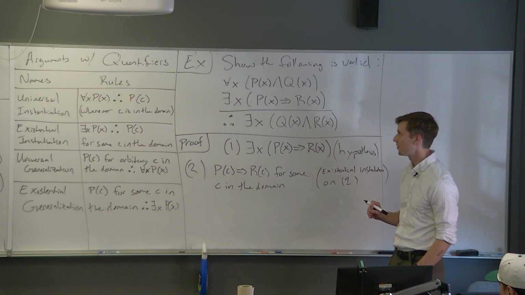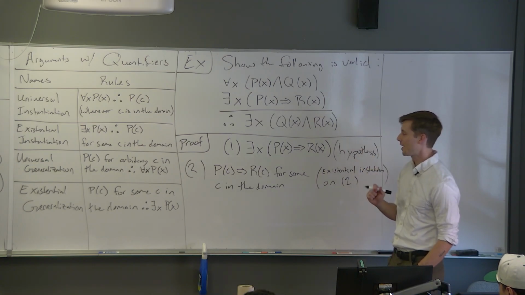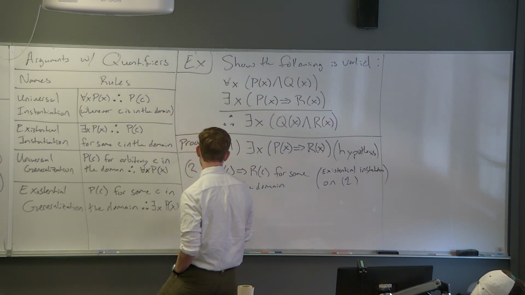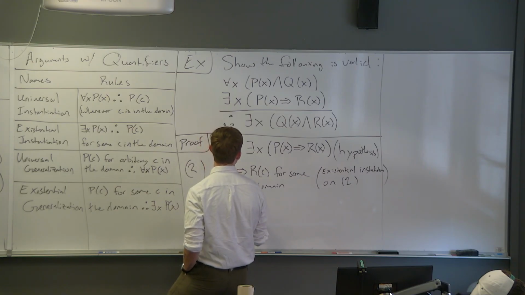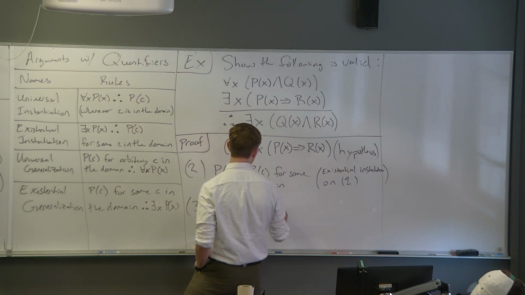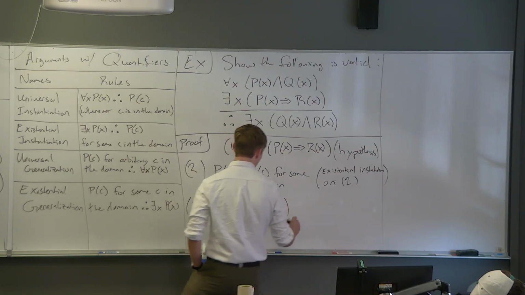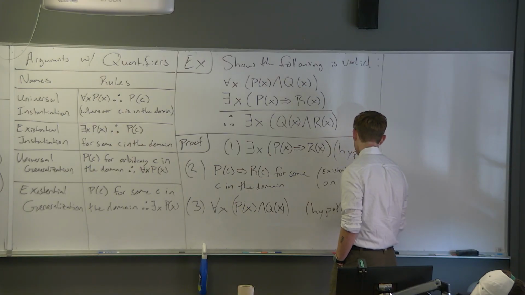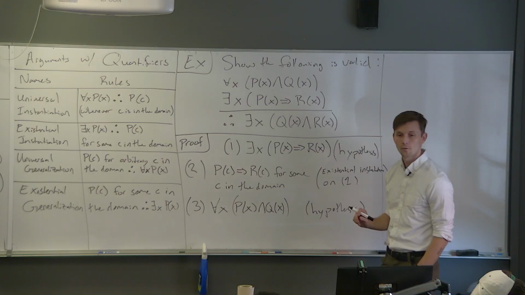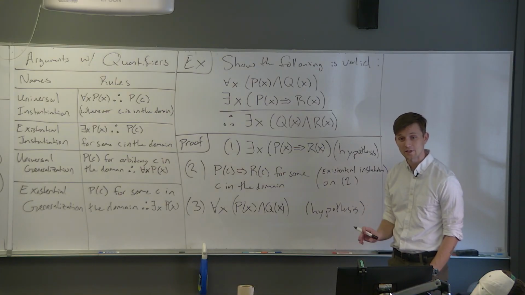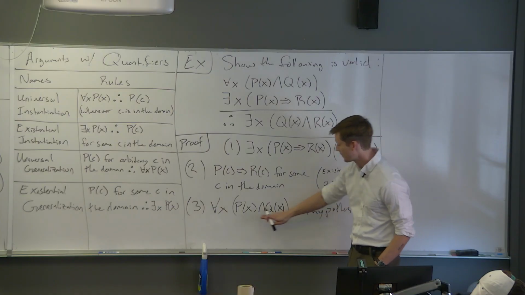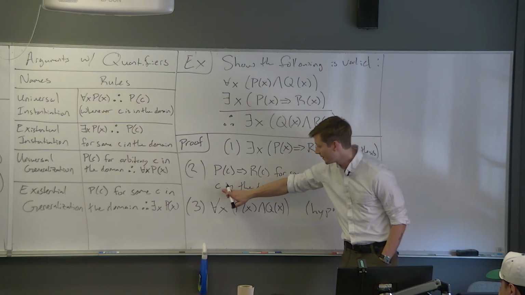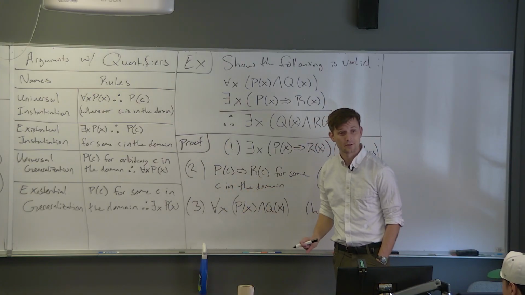Now perhaps I'll reference the first statement. So notice this is itself its own line. For all x, p of x and q of x, this is by hypothesis. Now, what I'm going to do is instantiate this universal statement at the same c value.